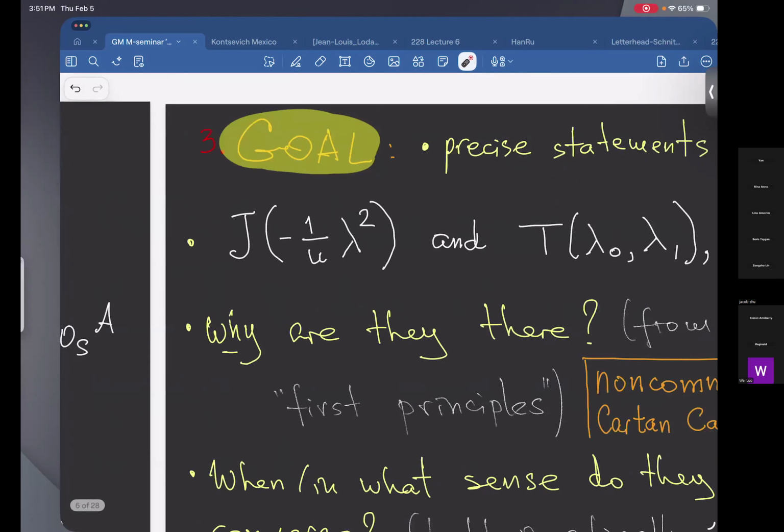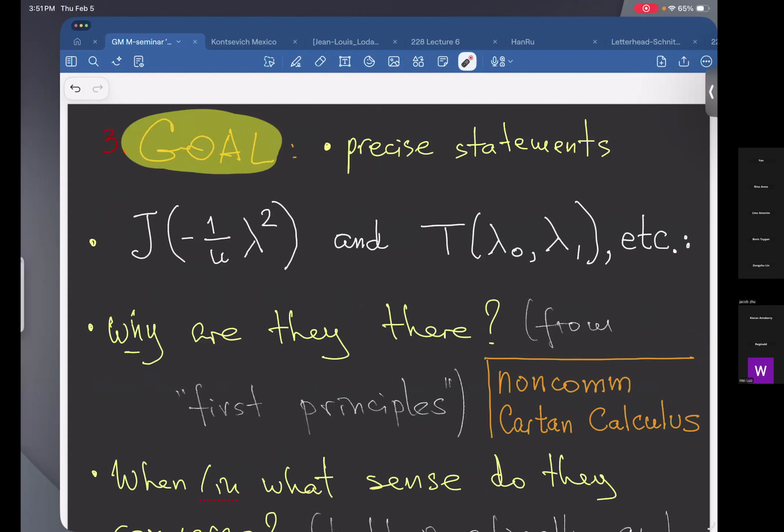Okay, but for now, let us concentrate on this flattening procedure and what it entails. So what's the goal of the talk? First of all, to give some precise statements.